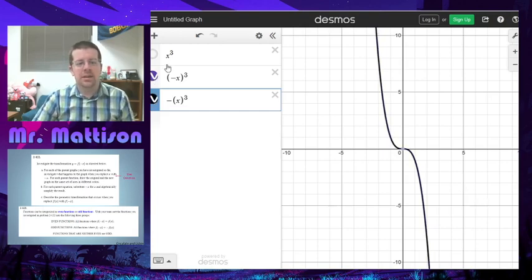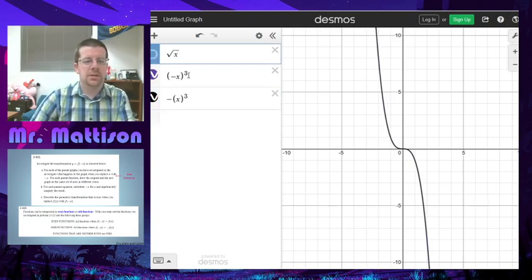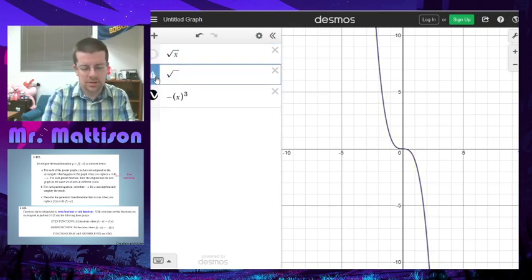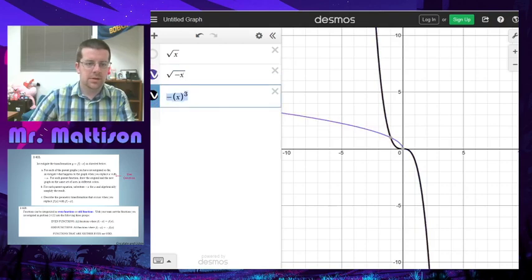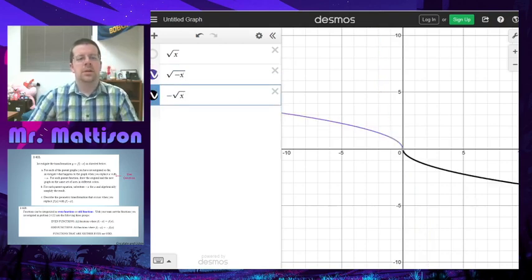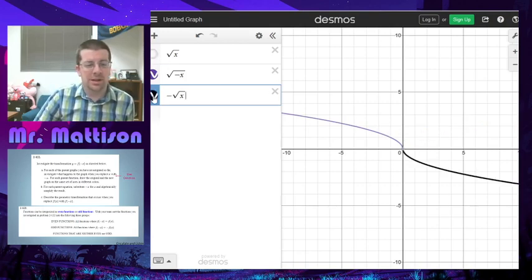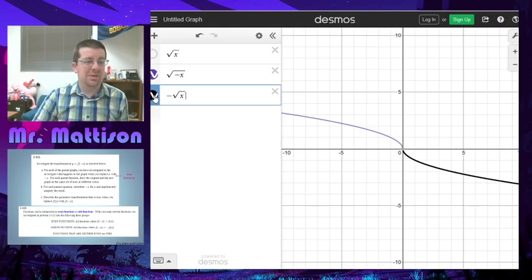And then what if we did something like square root of x? If these two were the same, then they would be even. They're not, so it's not even. If these two were the same, then it's odd. Well, it's not odd, so it's going to be neither.